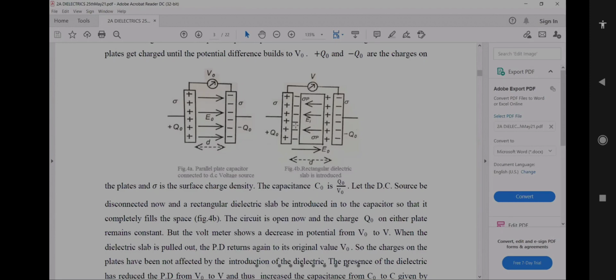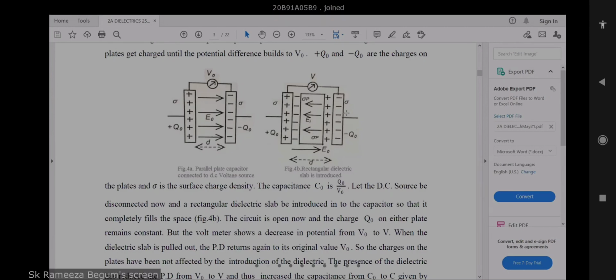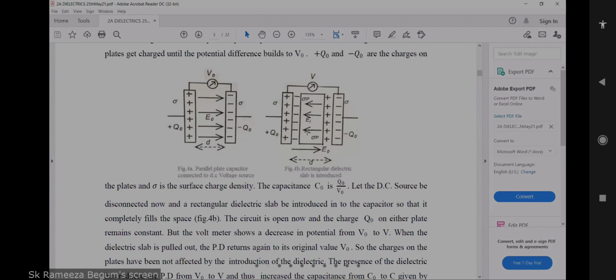Here the negative charges are attracted towards the positive charges, as well as the positive charges within the slab are attracted towards the negative charges of the capacitor plate. So the induced electric field is in this direction due to the induced charges within the slab. Here an electric field is induced within the material, and that is called the induced electric field, in this direction.